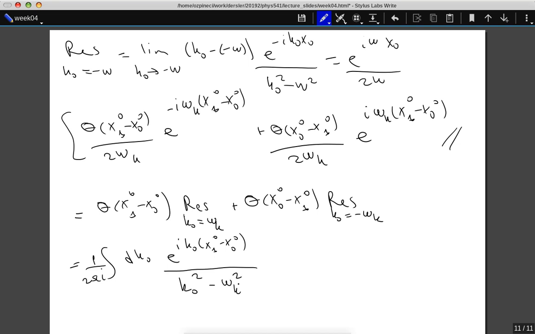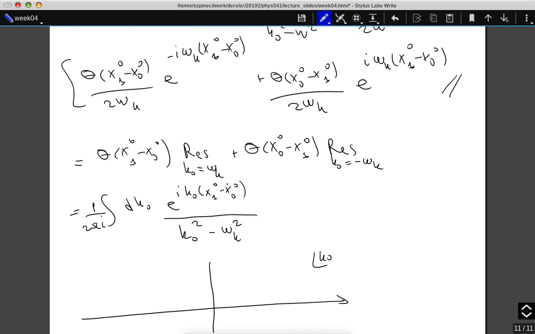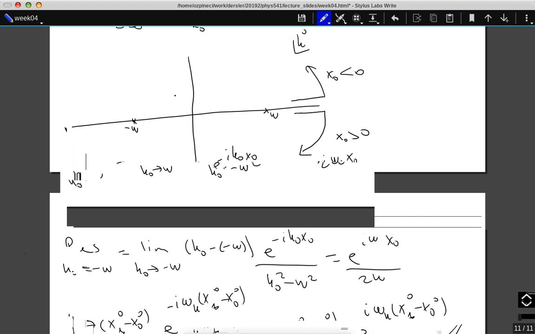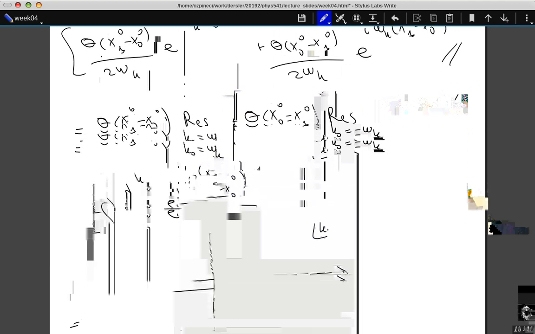But keep in mind that if x1 is larger than x0, if this is positive, so this is my k0 plane. If x10, was this the integral I considered? No, I had the minus i. Okay, so this is the minus i.